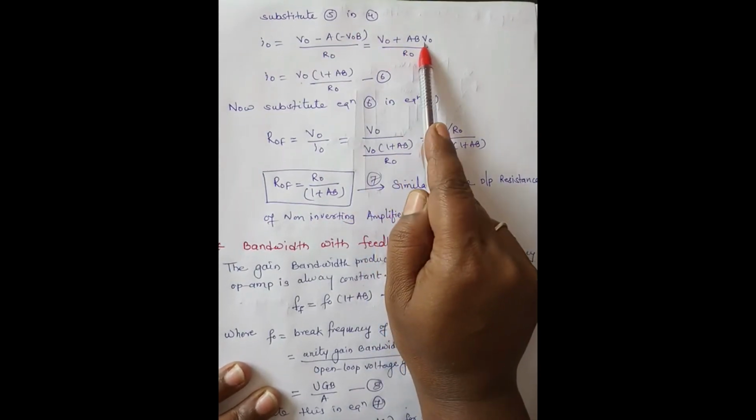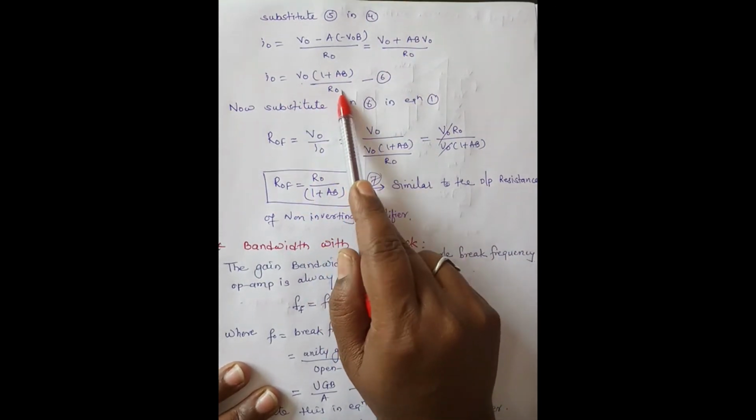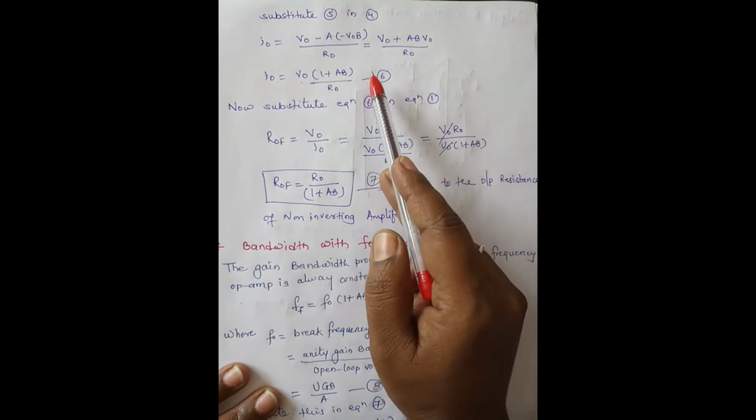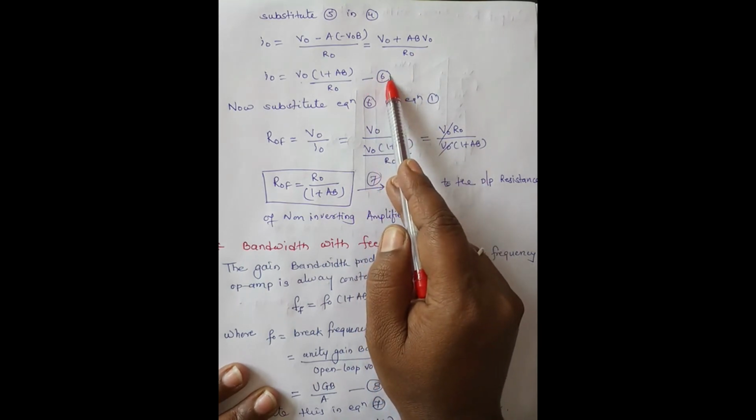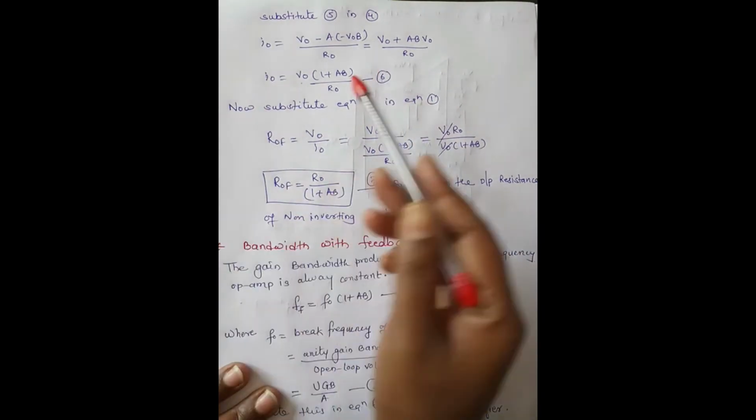Minus minus will reduce to plus, and taking V0 outside, it is 1 plus AB divided by R0. This is our output current, equation number 6. Now substitute this into the first equation.